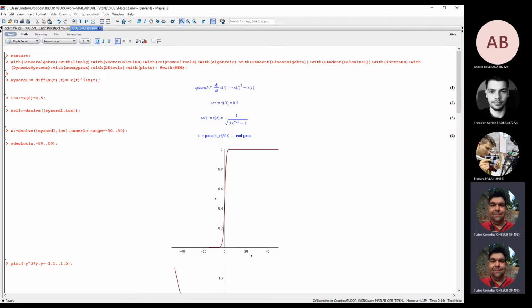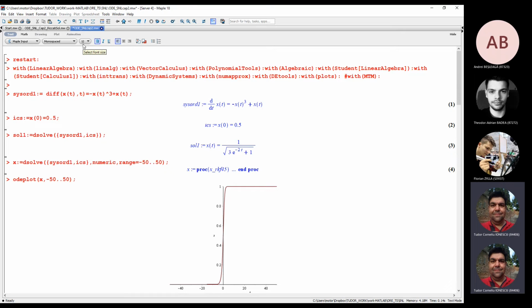So look, we had this exercise earlier. Let me just increase the font. Is it better now? Can you see clearly the equations written in blue? Yes. Okay, fine.